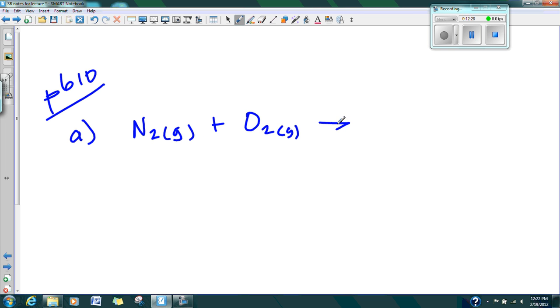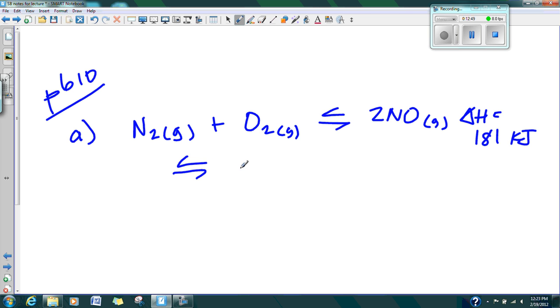I have 1 mole of both of those, and I get 2 moles of nitrogen monoxide in the gaseous phase, and it tells us that my change in heat is 181 kilojoules. Well, here I recognize, because my change in heat is positive, that that's going to be endothermic. So if it's endothermic, my equilibrium shift is going to be to the right, and my K is going to increase.